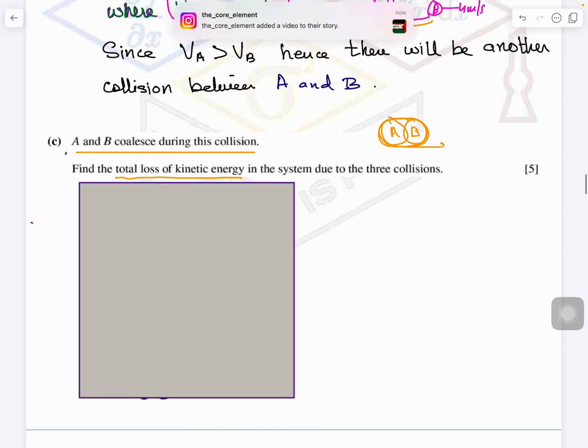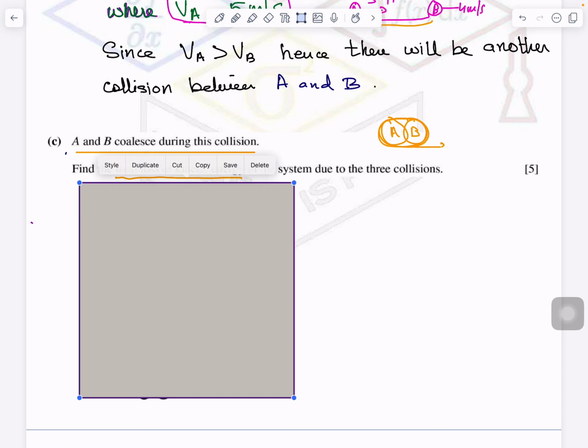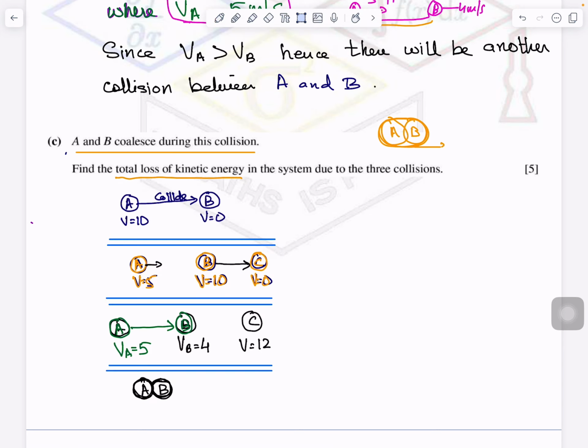So let me just put the situation up here one more time so that you can understand it better. In the first stage, A started with velocity 10, because kinetic energy depends on what? Velocity, right? Half mv square. This is the formula. So when the whole situation occurred, initially the velocity of particle A was 10.